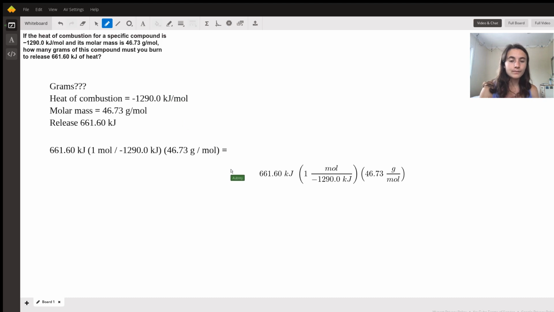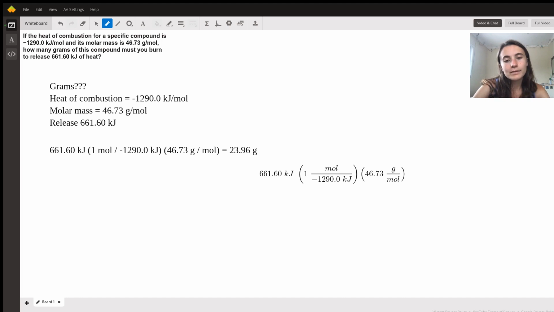All right. So when we plug all of this in, and I don't have a calculator with me, so I'm sorry if this answer is not quite right, but just plugging it into my computer, it comes out to be 24.0. Well, it actually comes out to be 23.96 grams.